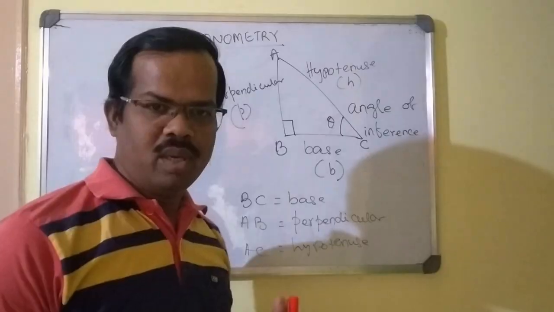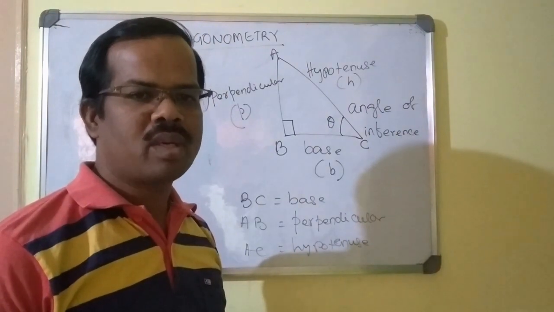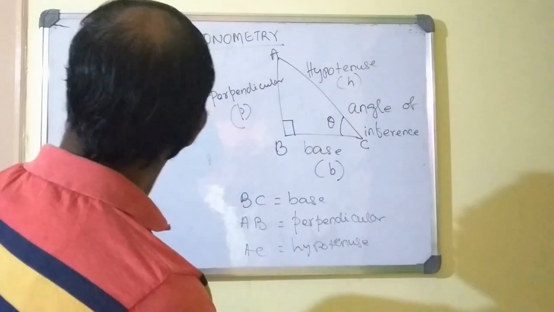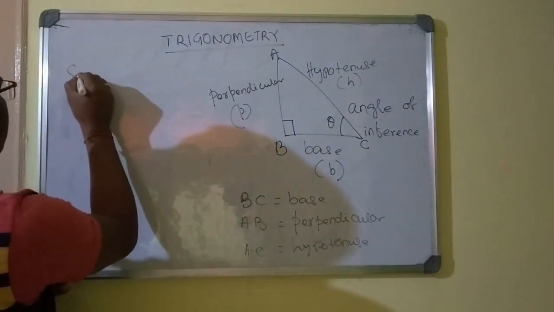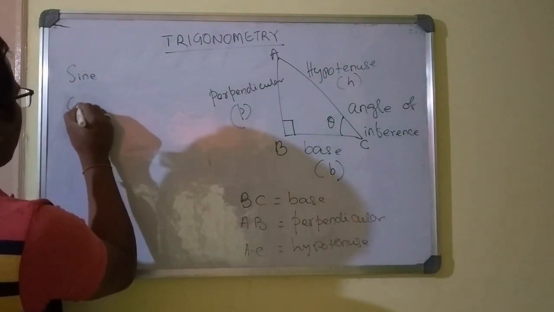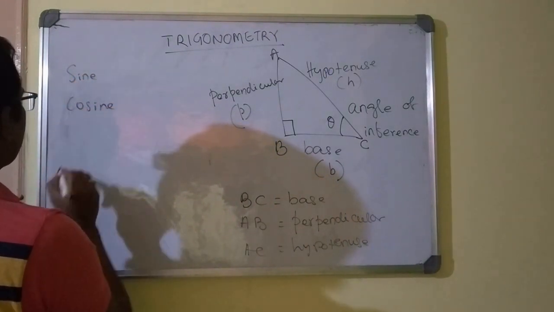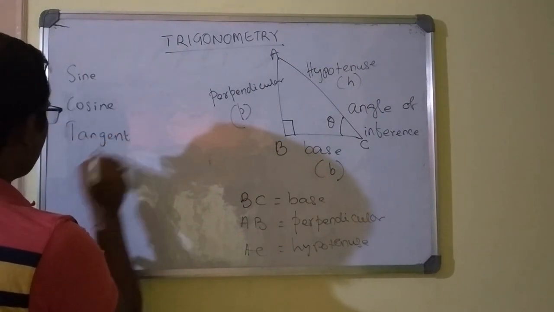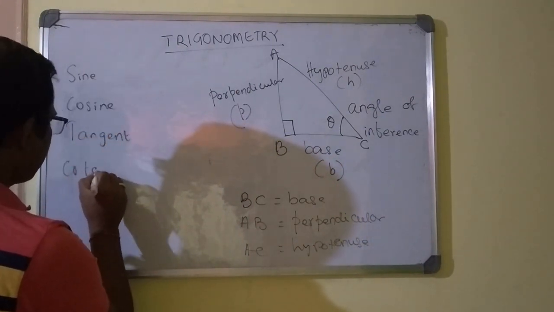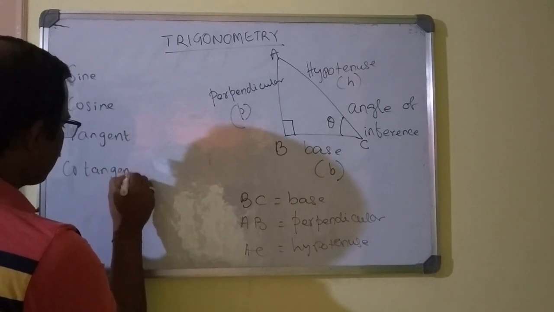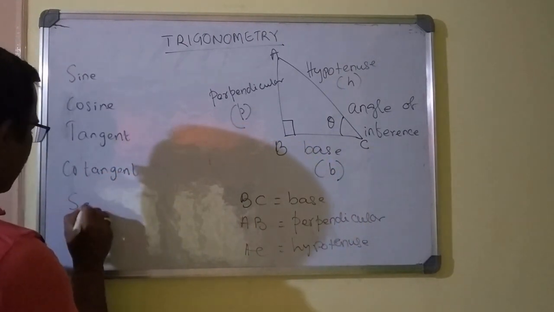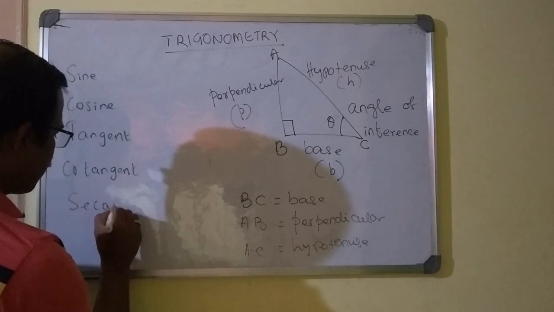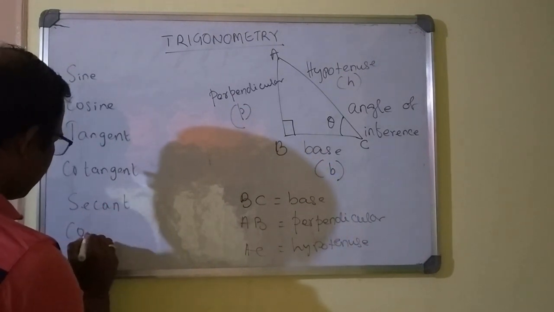in trigonometry. In trigonometry we will be learning about certain ratios. Those are sine, cosine, tangent, cotangent, secant, cosecant.